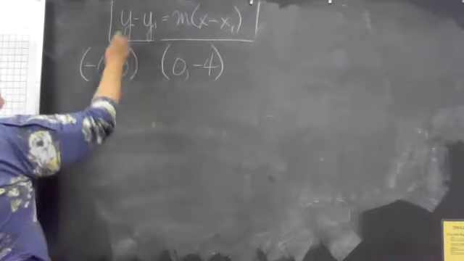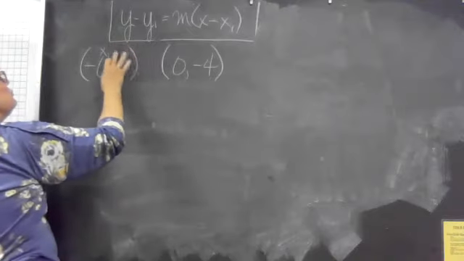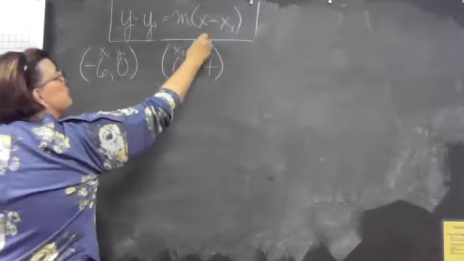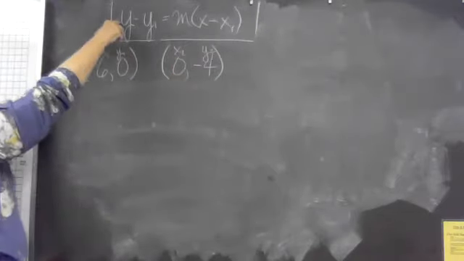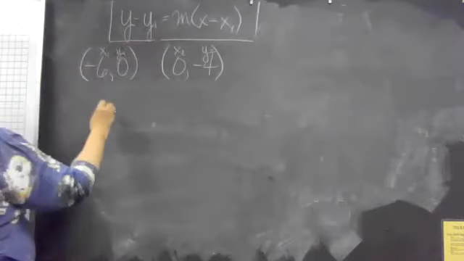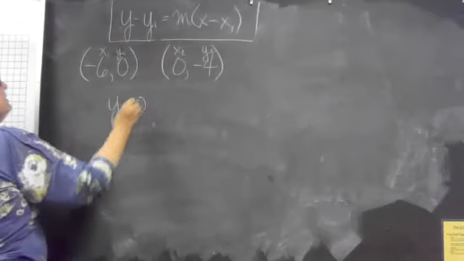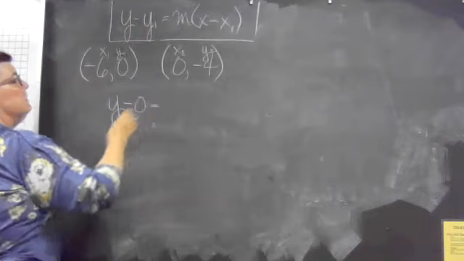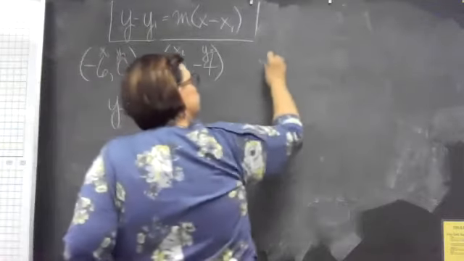All right, so here we go. One more time using this formula. We have x1, y1, x2, y2. We're going to start just following this pattern. So we have a y that stays a y, minus 0, equals, and they did not give us a slope, right? So we have to take a side trip and find the slope.